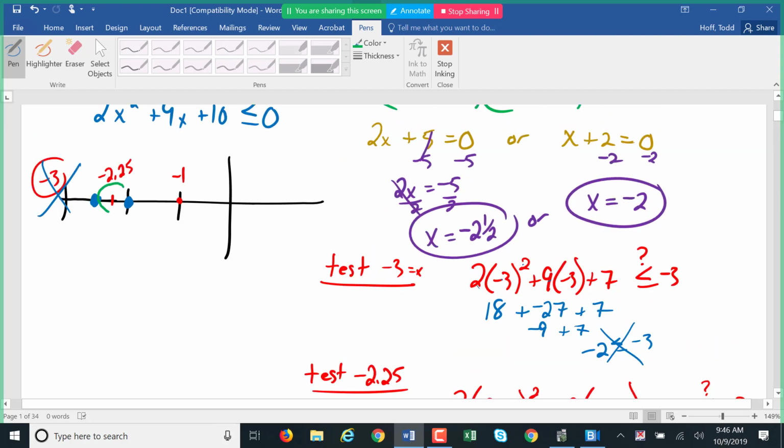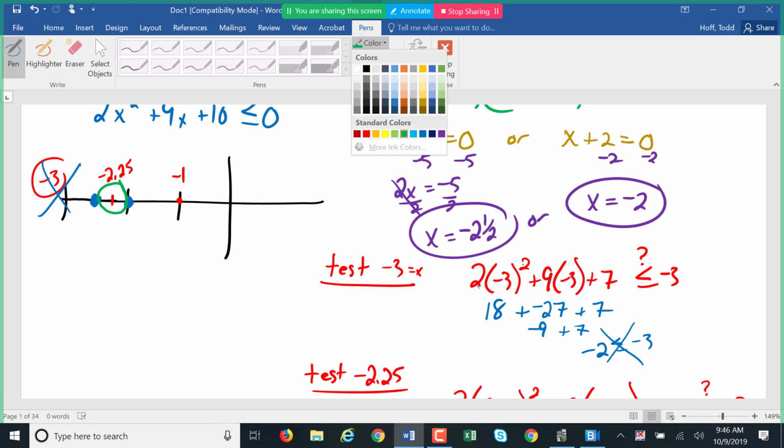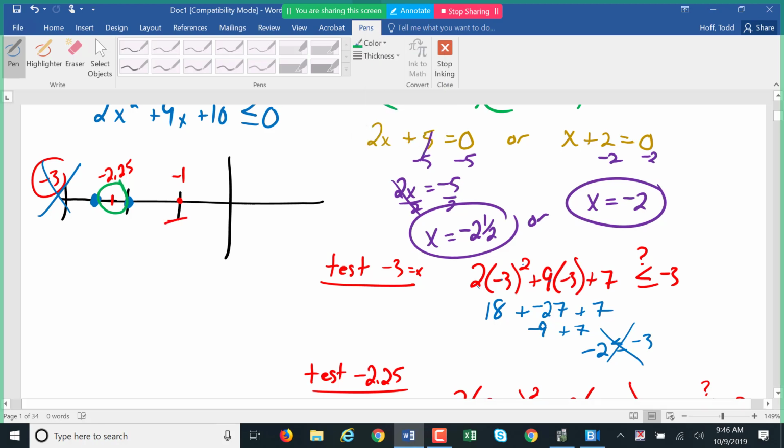So we're true between the points, which means we're most likely not going to be true at negative 1, but let's test it anyway. So 2 times negative 1 squared plus 9 times negative 1 plus 7, is that less than or equal to negative 3?